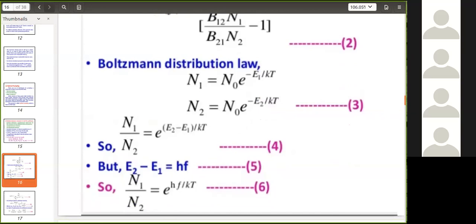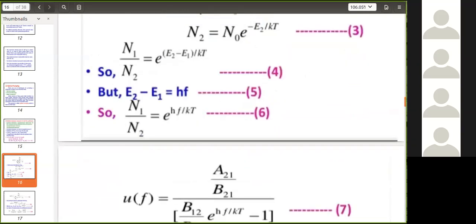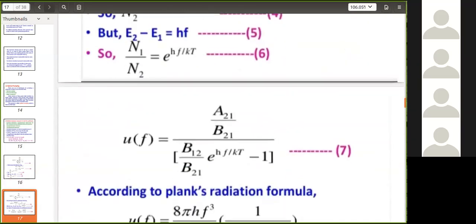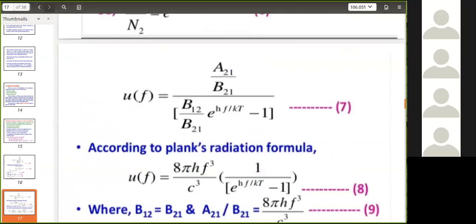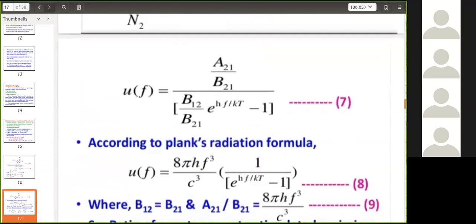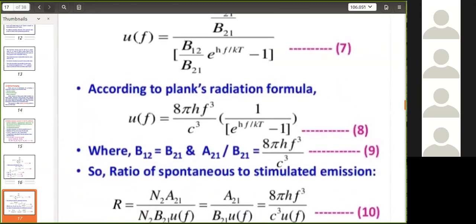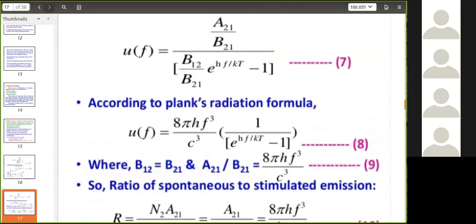Now we will put it in equation number 2 here. यहाँ पे N1 by N2 का वैल्यू पुट करेंगे तो हमें मिलेगा UF equals A21 by B21 divided by B12 by B21 e to the power hf by KT minus 1.